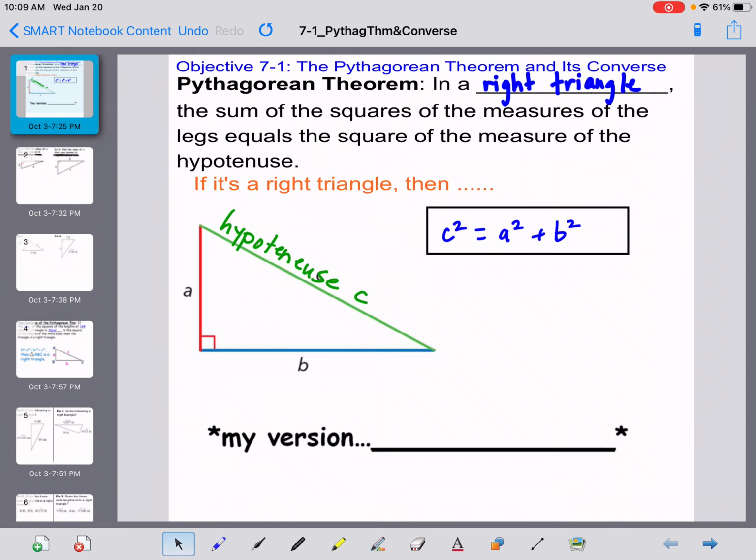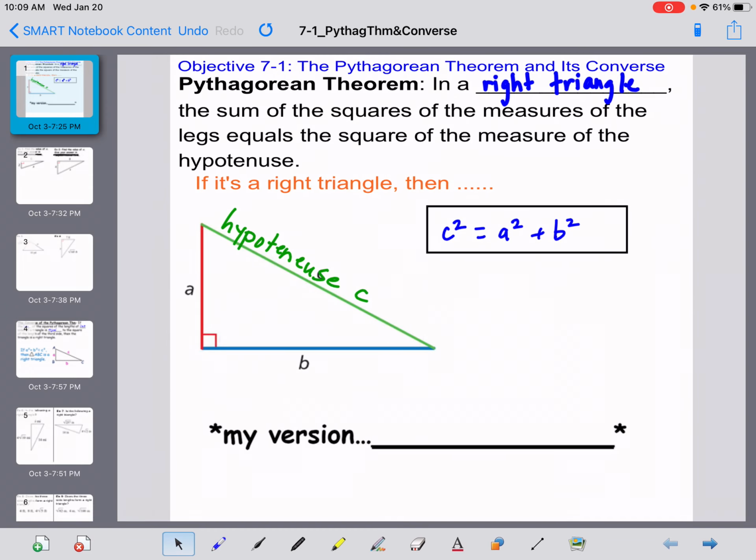Now, another way that you can think of this, and this is kind of how I'll think of it most of the time, is that hypotenuse squared equals leg squared plus leg squared.